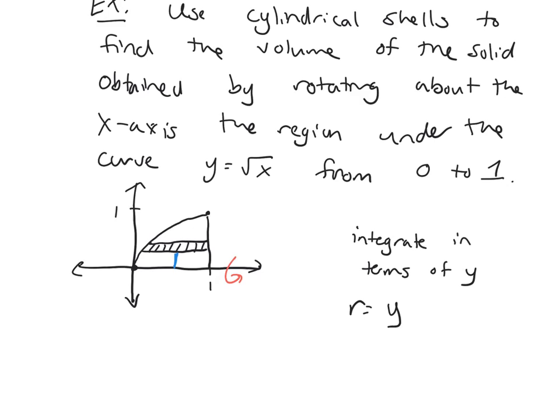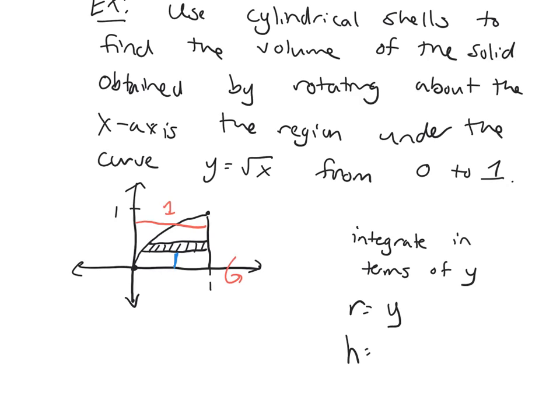All right, now I need the height of my strips. So the height changes, it's stuck between these two functions. So remember, we do right minus left when we're integrating in terms of y. So this whole distance here to this line is 1.